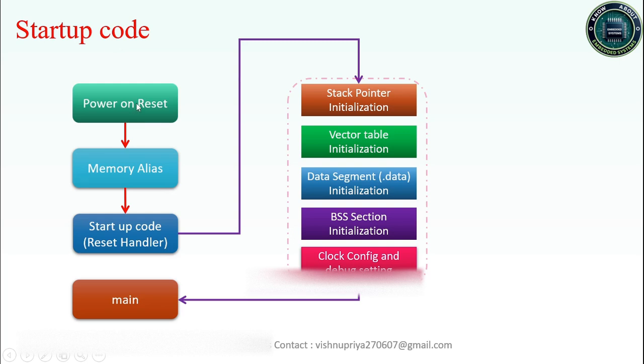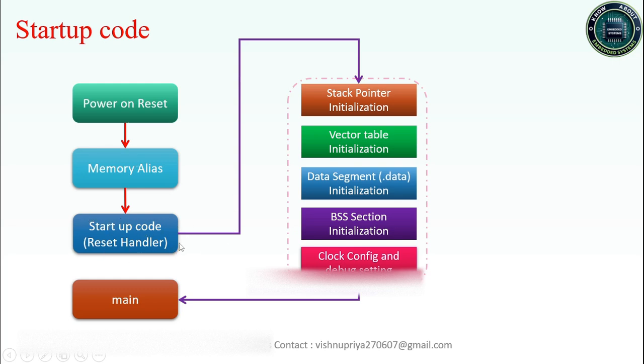I have already explained this flow, how the microcontroller enters the main program. The first step is power-on reset, the second is memory aliasing, and the third is the startup code, also called the reset handler. The third step is what we call startup code.